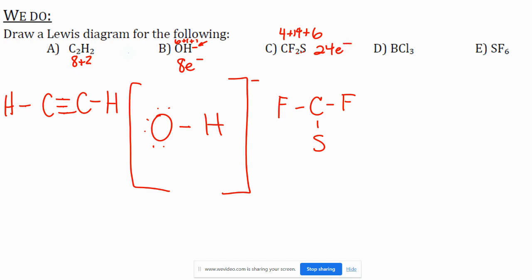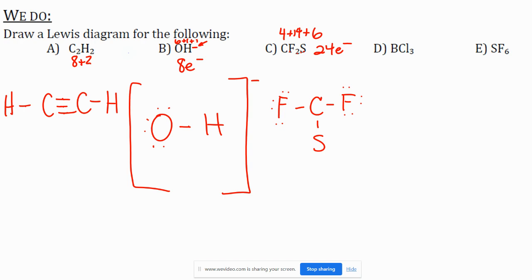So I'm going to go around. I'm going to go ahead and place those around my fluorines. So right now I have 6 electrons, 8, 10, 12, 14, 16, 18. I still have how many to go? 6. Okay.